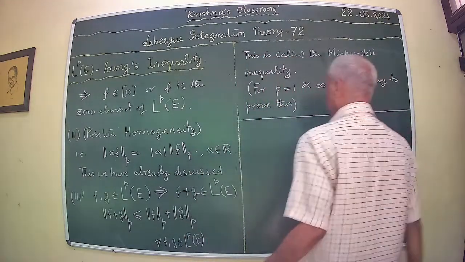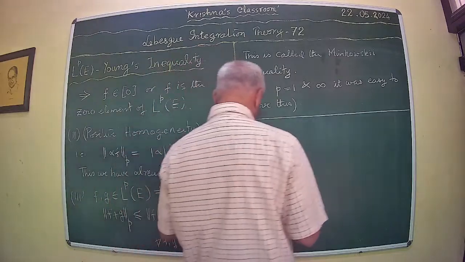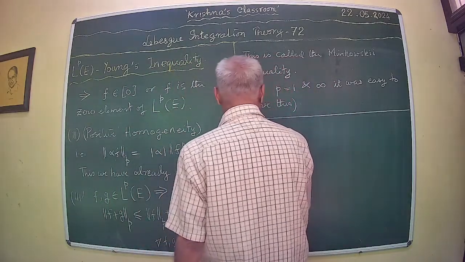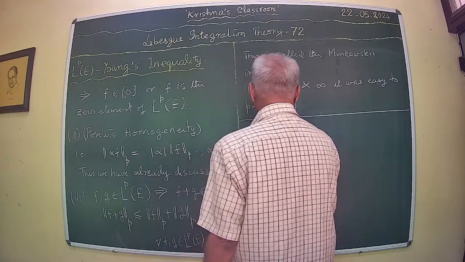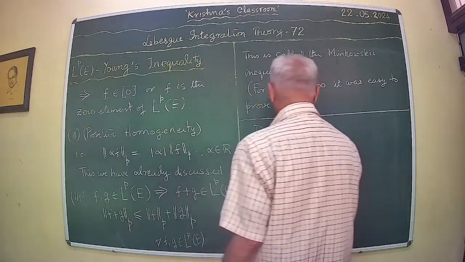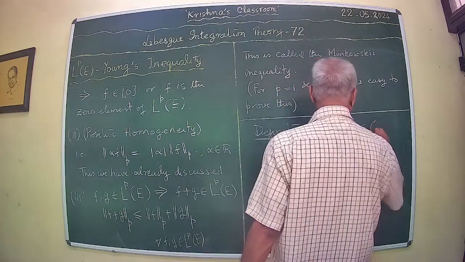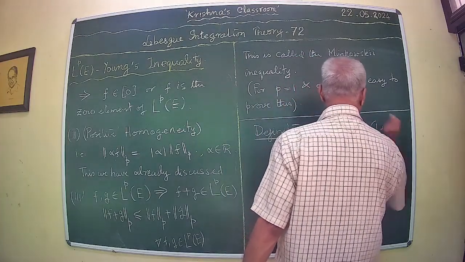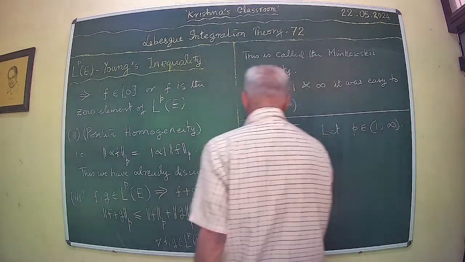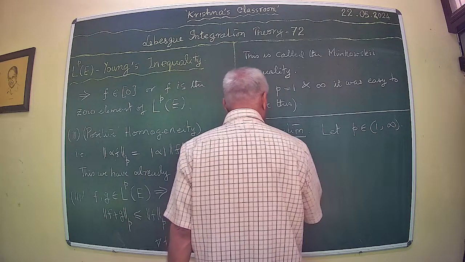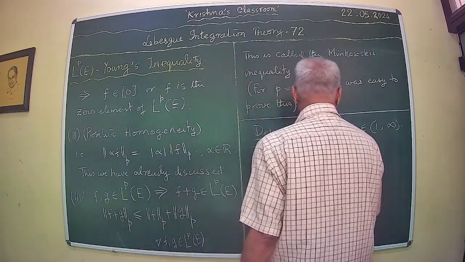So let us start to build the necessary machinery for that. So we define P in the open interval 1 to infinity. Then Q we define as P divided by P minus 1.